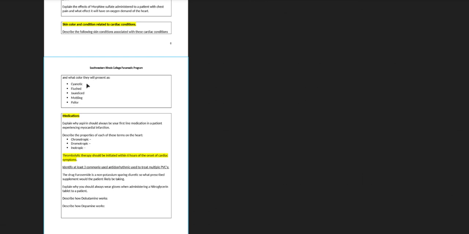Cyanotic is obviously a bluish hue of the skin, usually because of poor circulation. When you're flushed, you're kind of red, and jaundice is yellow, an increase of bilirubin in your blood.